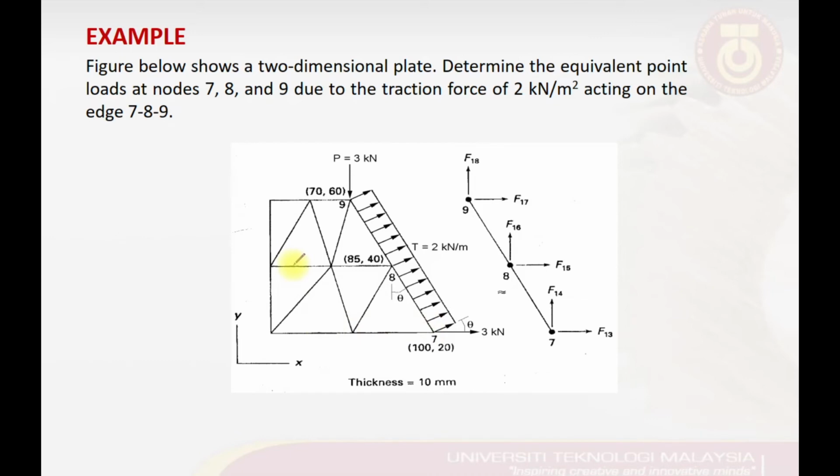Then we are asked to determine the equivalent nodal loads at nodes number 7, 8 and 9, where we have the traction force spanning on these edges 7, 8 and 8, 9. The magnitude of this traction force is 2 kilonewton per meter square. As we know, this traction force is actually acting on the surface of our plate.